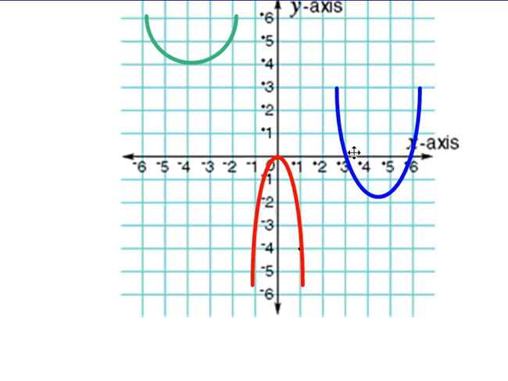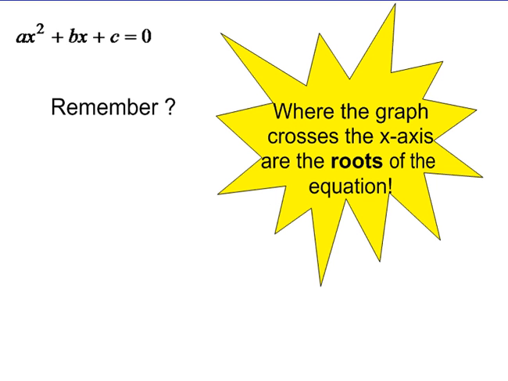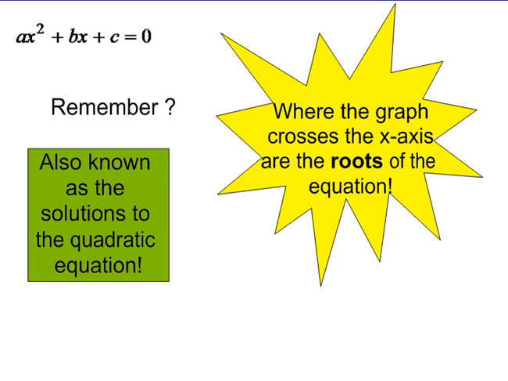This is where the parabola crosses the x-axis. We need to remember that where the graph crosses the x-axis is also called the roots of the equation, and is also known as the solutions to the quadratic equation. So even though we have a lot of different vocabulary, we're basically looking for the same thing.